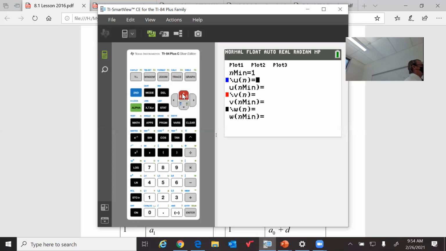You type this problem from the textbook in explicitly in the U line and type it in recursively in the V line. Then you have to look, and your t-chart should match if you did it correctly.